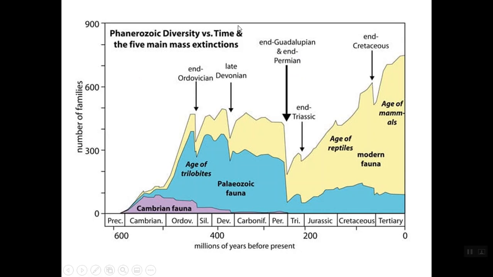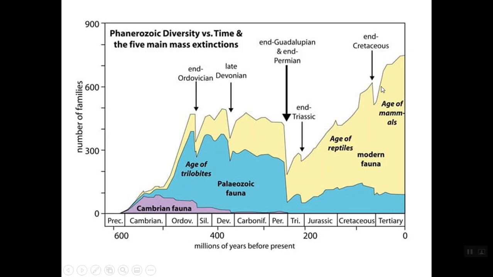So what I'm asking you to remember here is that there were 5 big mass extinction events, and I do want you to remember the biggest one, which is known as the Great Die. And then we're going to talk about also this one.